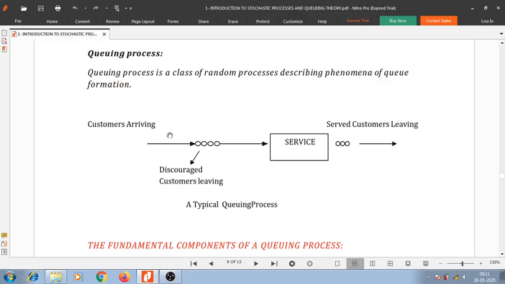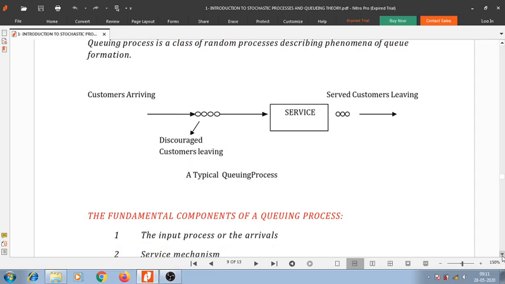So arriving customers is one component, queue discipline is the second component, service mechanism is the third component, and behavior of the customer is the fourth. So what are the main components in the queuing system? One is the arrival process, second is the service process, third is queue discipline, and fourth is behavior of the customer. These four components play a vital role in the queuing system.